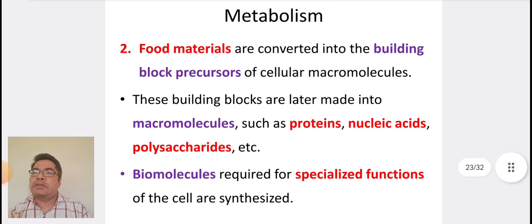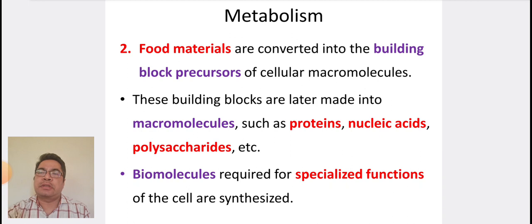Second, the food material is converted into the building block precursors of cellular macromolecules. These building blocks are later made into macromolecules such as proteins, nucleic acids, polysaccharides, etc. Biomolecules required for specialized function of the cell are synthesized.